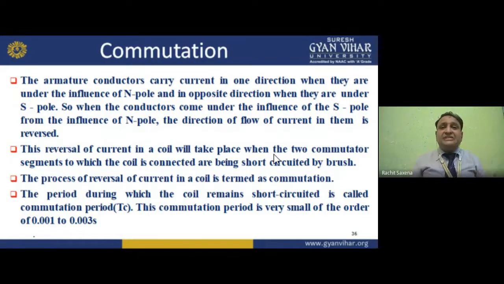Why is commutation necessary? Later we'll discuss the types and how we can improve it. But my dear students, why is it necessary to have a commutator in a DC machine? Why can't we remove this commutator? We can't do it, because we want DC output. I hope you understand now.